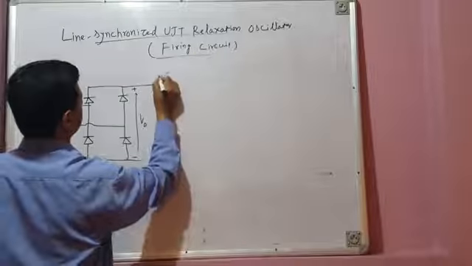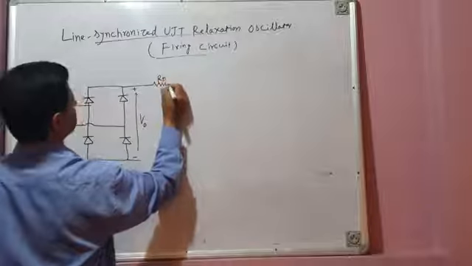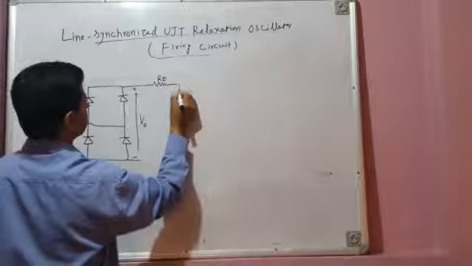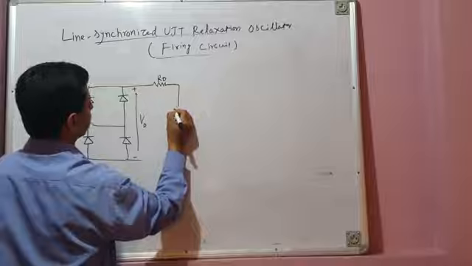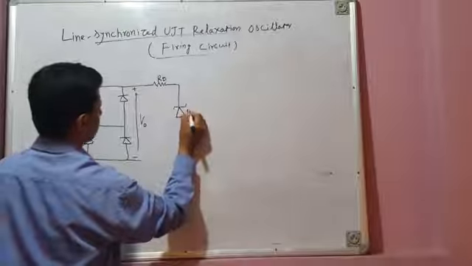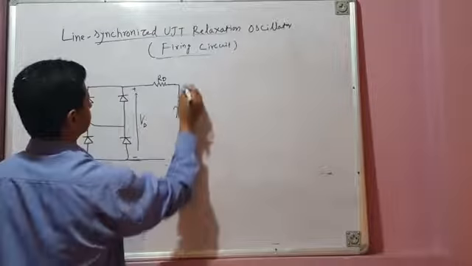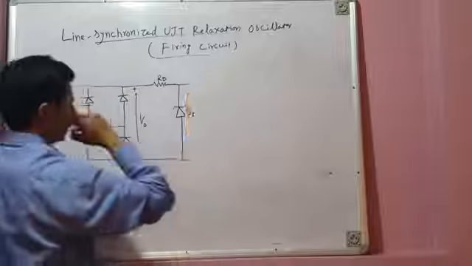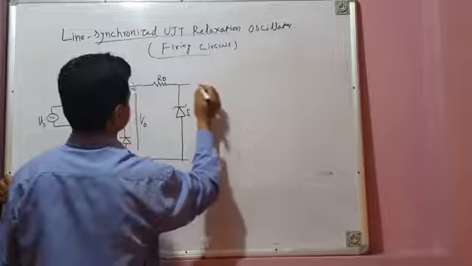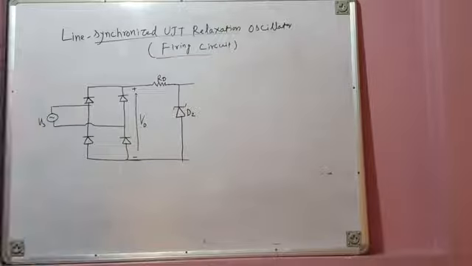Then you have a resistance Rd, a high resistance. Then you have a Zener diode here, Dz.